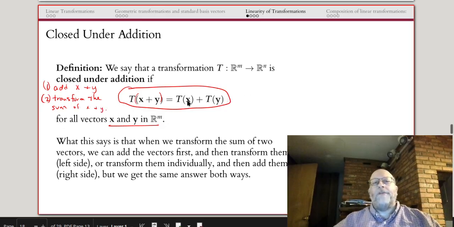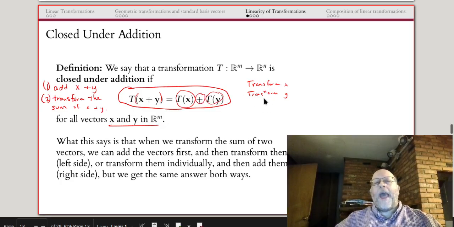On the right-hand side, we are transforming x first, and we're transforming y second. And after we've transformed them individually, we add the results together. So on the left side, we add first and then transform.